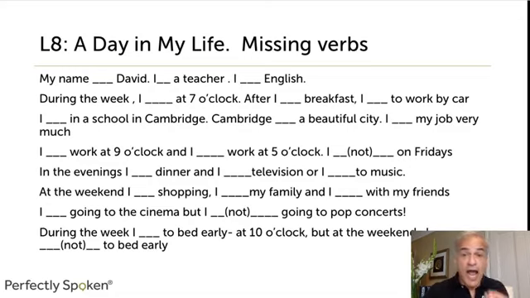After I breakfast, I to work by car. I in a school in Cambridge. Cambridge, a beautiful city. My job very much. I work at 9 o'clock and I at 5 o'clock.